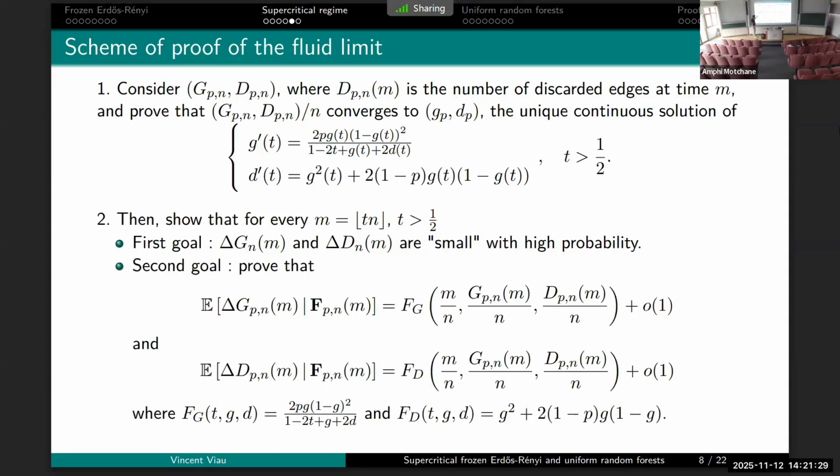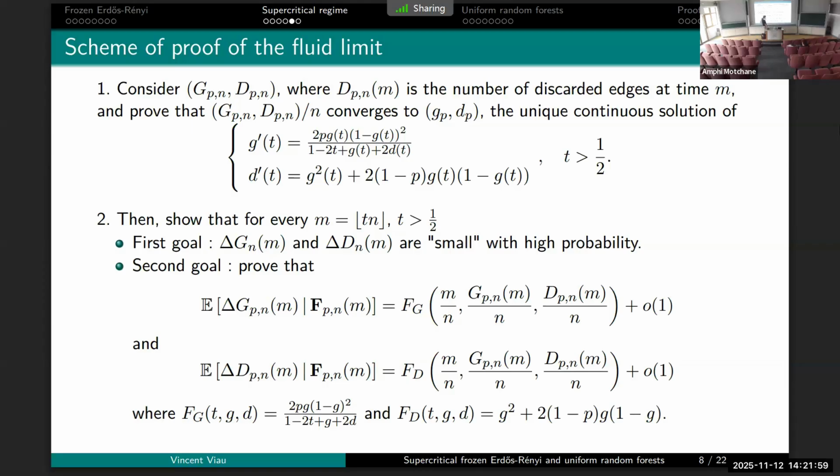The conditional expectations of the jumps play the role of the discrete derivative in some sense, and we want to see that they verify the same differential equation system in the discrete setting. Where the functions fG and fD are exactly the functions that are involved in this system of differential equations.